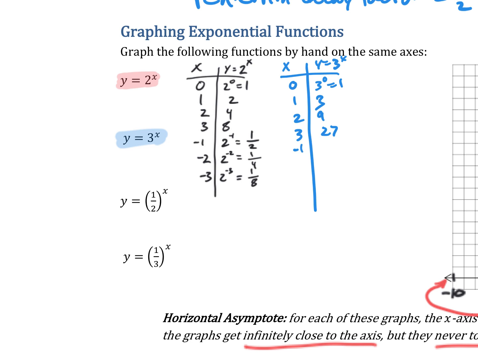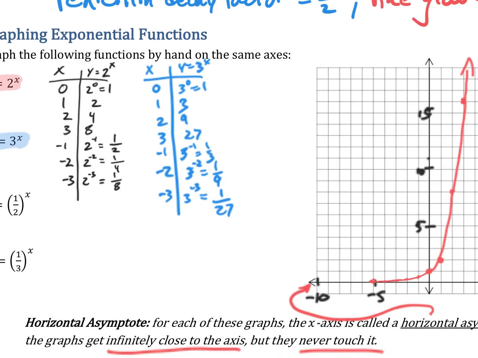How about negative 1? 3 to the negative 1 is 1/3. 3 to the negative 2 is 1 over 9. 3 to the negative third is 1 over 3 to the third, which is 1 over 27. So remember, the negative exponent drops it downstairs, and then we do the power, in this case, the third.